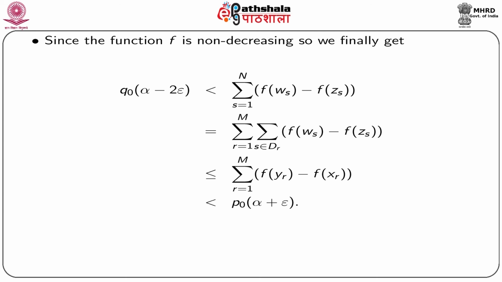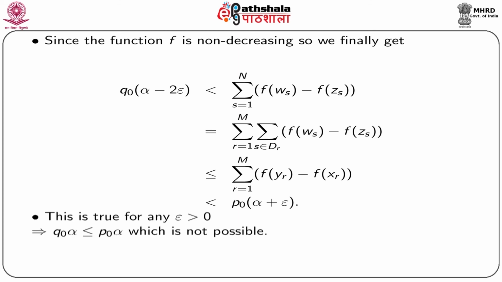Now, observe that we have got this particular relation, that Q0 into (alpha minus 2 epsilon) is less than P0 into (alpha plus epsilon).